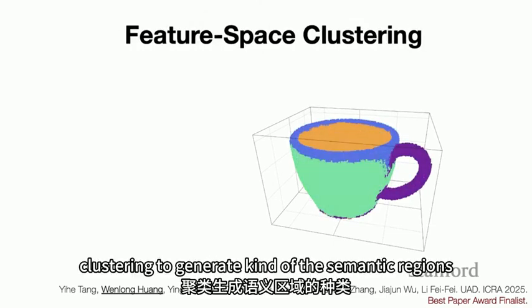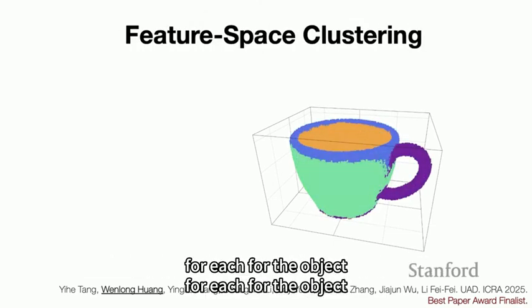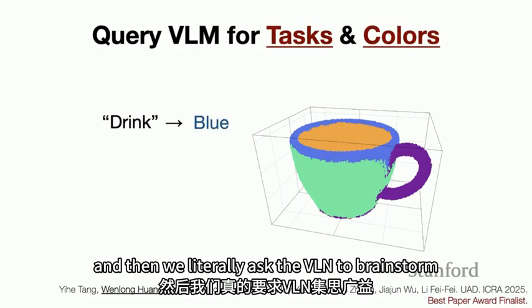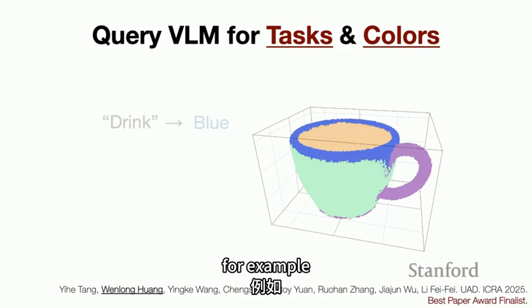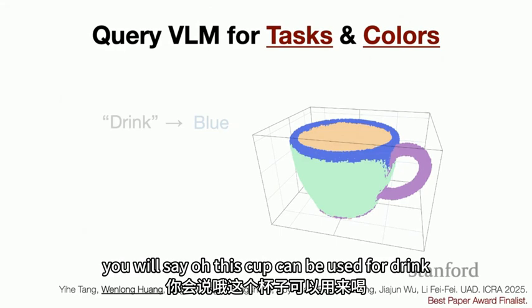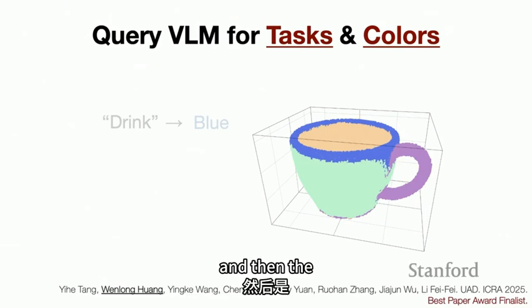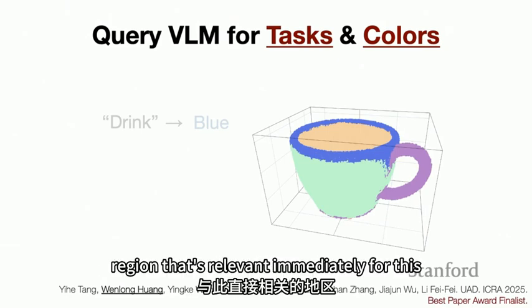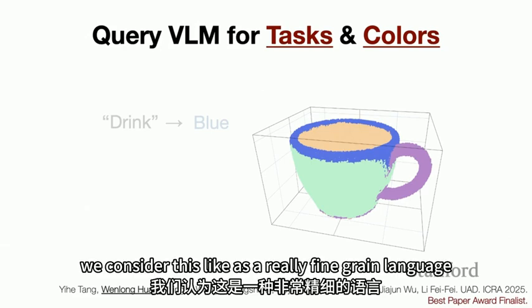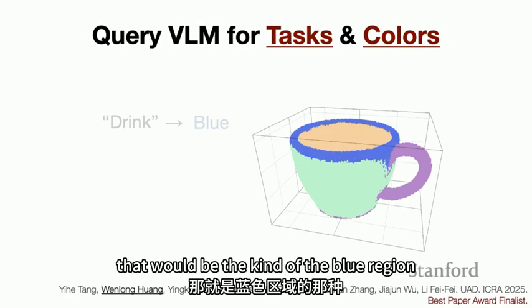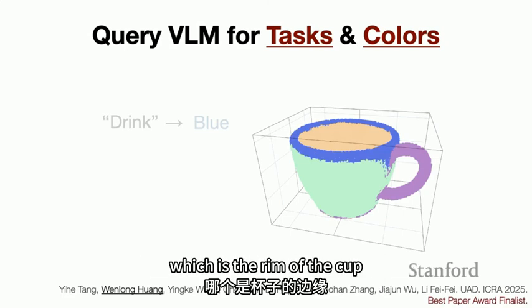Then we perform clustering to generate the semantic regions for the object. And then we literally ask the VLM to brainstorm the potential tasks, as well as match them with the associated region. For example, it will say, this cup can be used for the task drink, and the relevant region, which we consider really fine-grained language, would be the blue region, which is the rim of the cup.